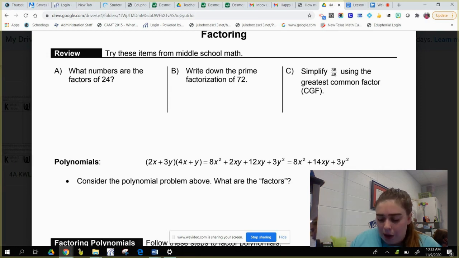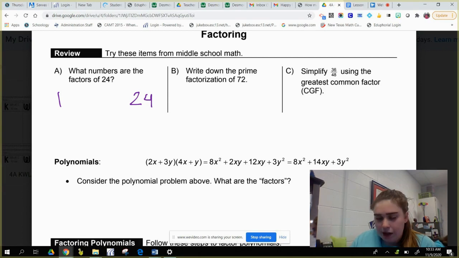So all you had to think about was, what numbers could I multiply together to make 24? Probably the easiest one is 1 and 24, right? If we multiply anything by 1, it's going to be the same thing. So we can already write down we have 1 and we have 24. Okay, and I'm going to write this hopefully in numerical order, but you don't have to. It's just a list. Okay, so we have 1 and 24.